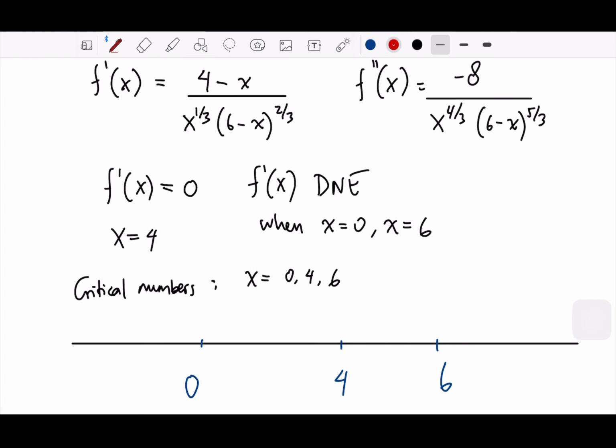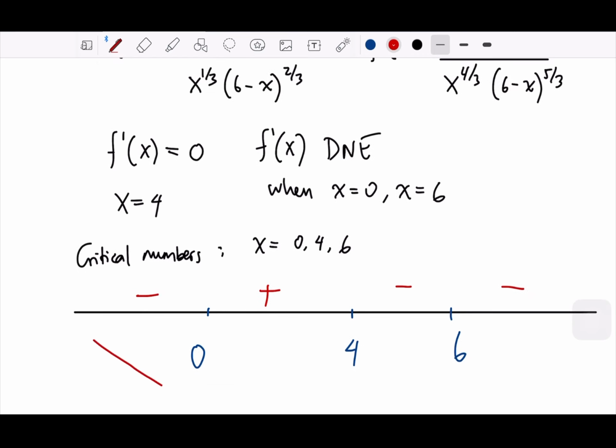Between 0 and 4, when you put any number between those two numbers, it will always be positive, right? And then between 4 and 6, if you try 5, it gives negative signs. And if you increase the numbers, it will also give negative. So it's decreasing, increasing, and decreasing.